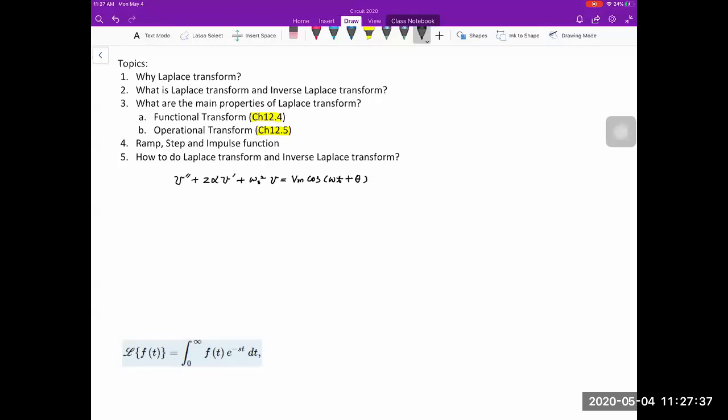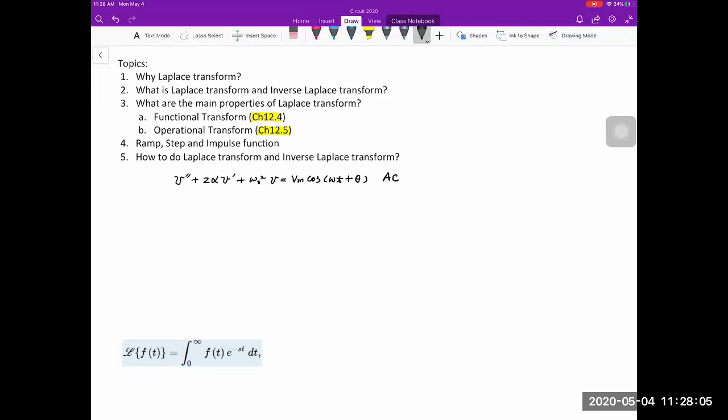This is actually a general thing if you have an AC circuit. When you have an AC circuit, you supply it with a voltage, which is a sinusoidal function with omega t and a phase angle, and then your circuit is characterized by 2 alpha and omega 0, the Neper frequency and the resonant frequency.